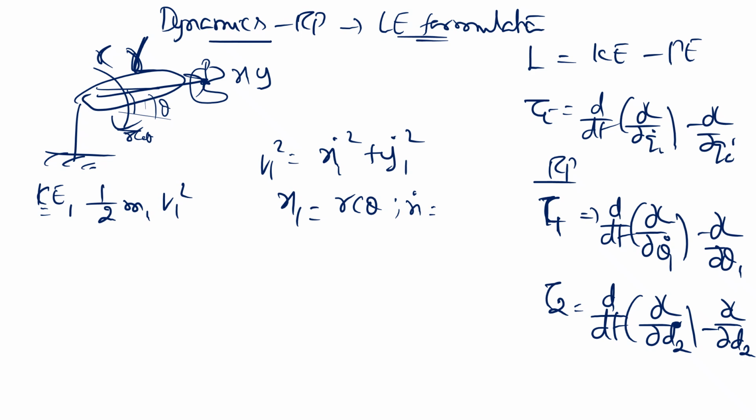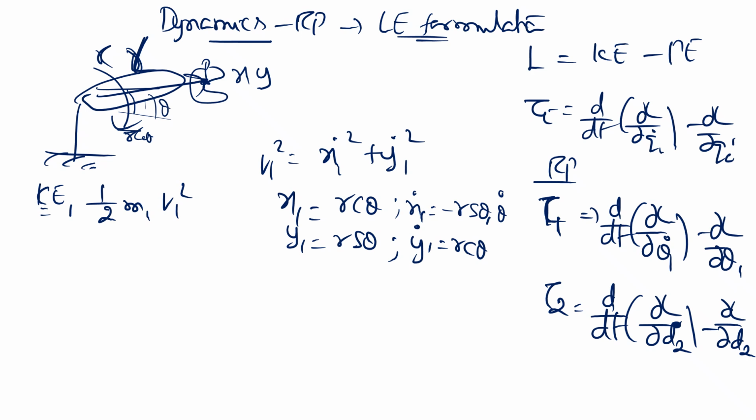If you take the derivative, x1 dot becomes minus r sine theta theta dot. And then y1 equals r sine theta, and y1 dot is r cos theta theta dot.